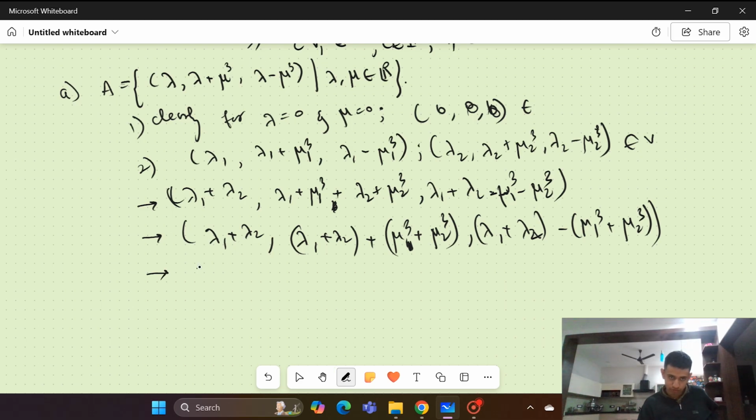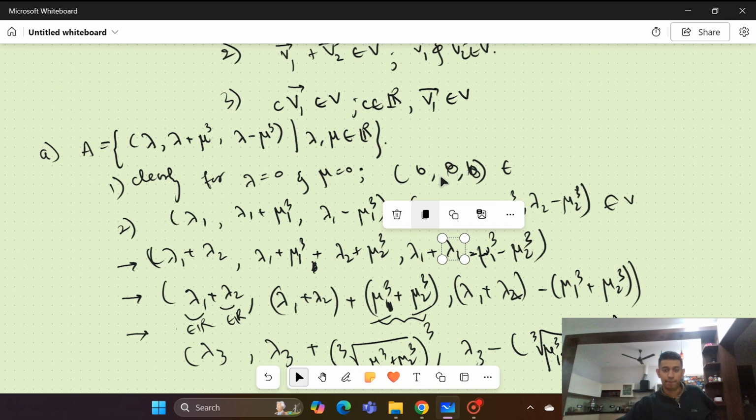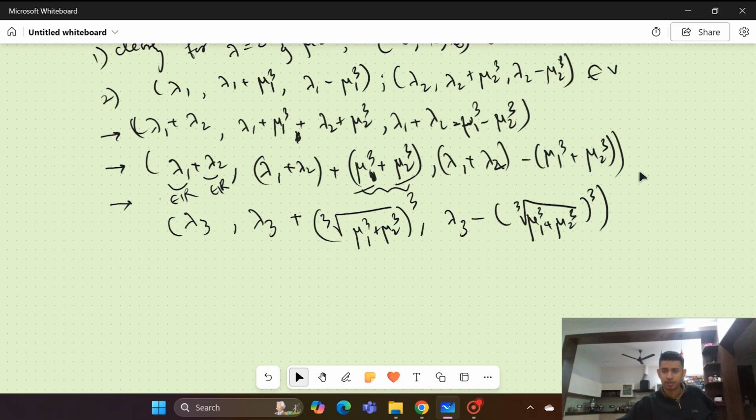Since lambda 1 plus lambda 2 is a real number, let that be lambda 3. Can we say that the vector is lambda 3 plus the cube root of mu 1 cube plus mu 2 cube, whole cubed, and lambda 3 minus the cube root of mu 1 cube plus mu 2 cube, whole cubed?